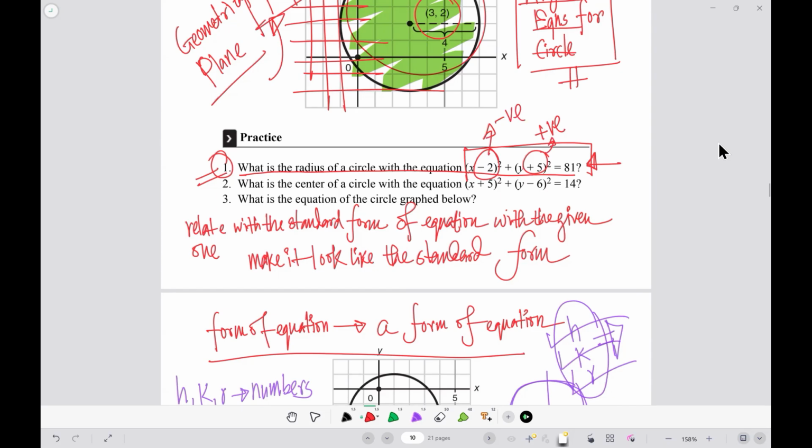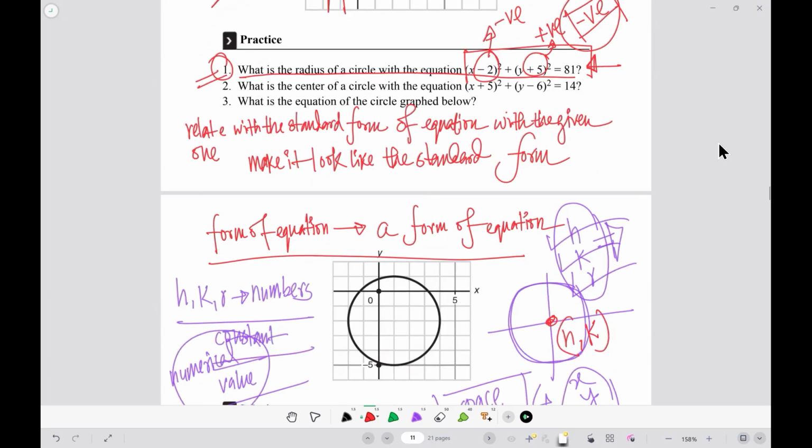Wait, but wouldn't the 5 have a negative sign? Yes, and that is why we need to make the manipulation, so that it might look like the standard equation. We just need to somehow make it look negative, but actually it won't be negative. We just need to give a fake, just like a muse, okay?